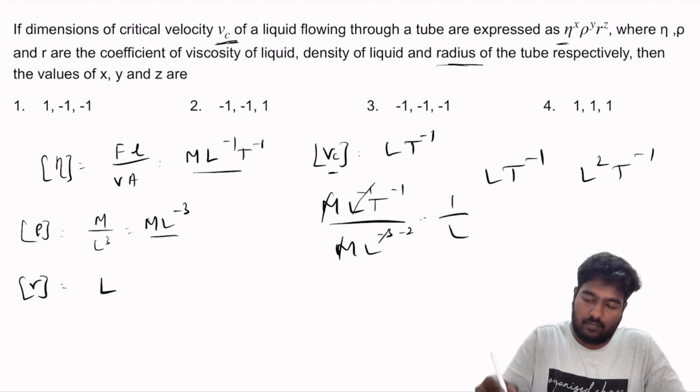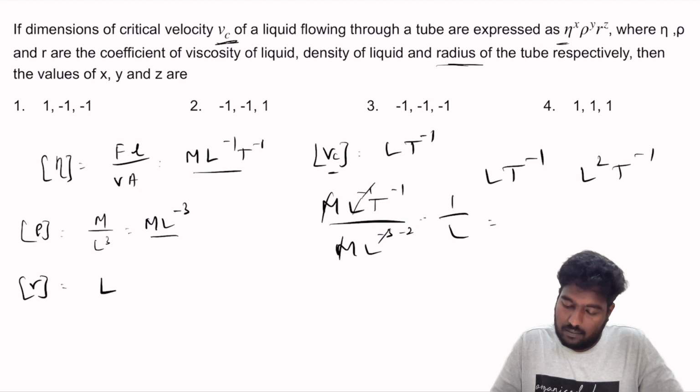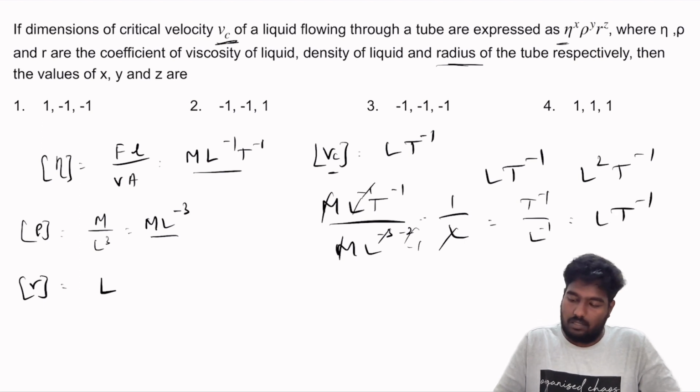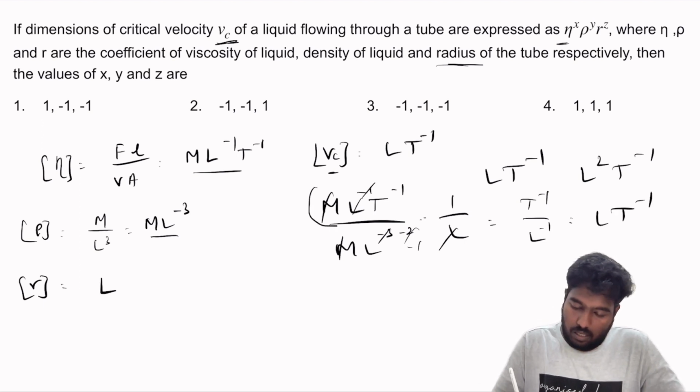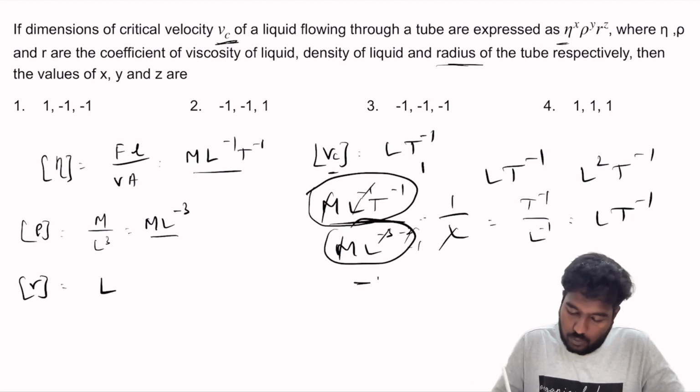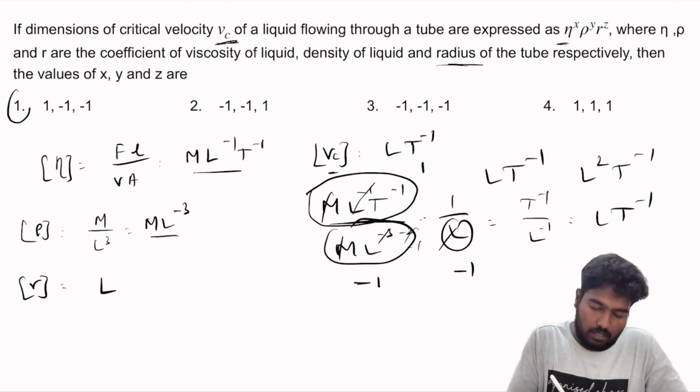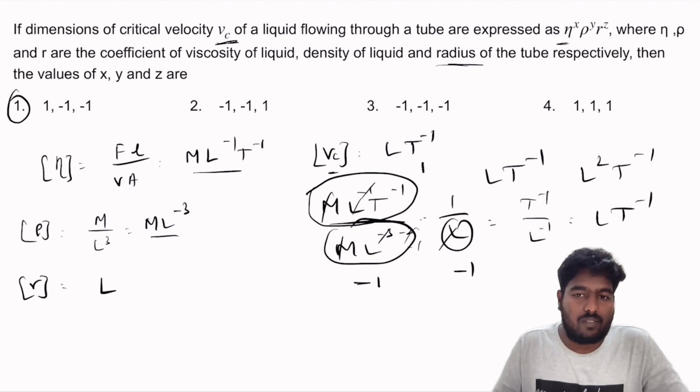So now it will have T^-1 by L^-1, which is nothing but L T^-1. So eta power 1, density power minus 1, and length power minus 1. So 1, minus 1, minus 1. That's our right answer.